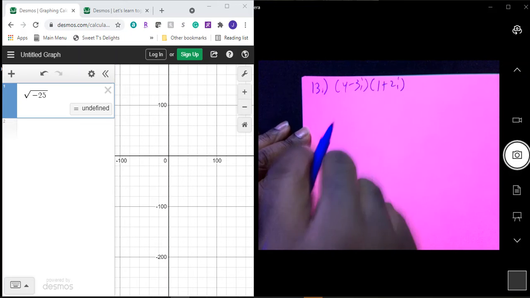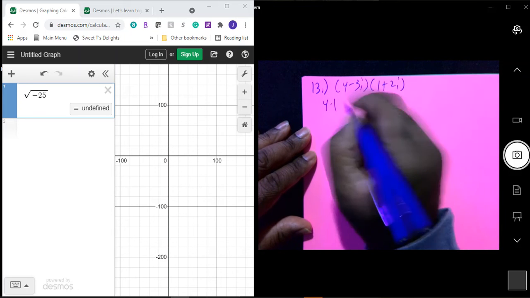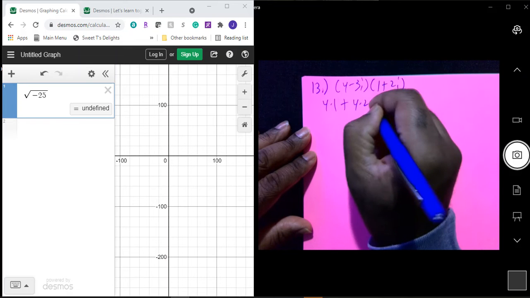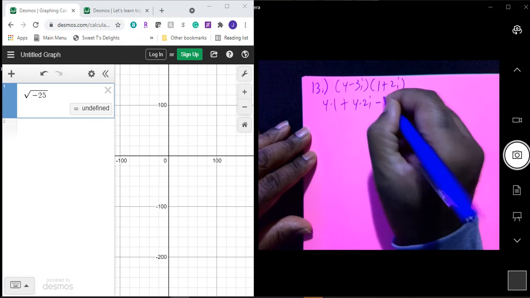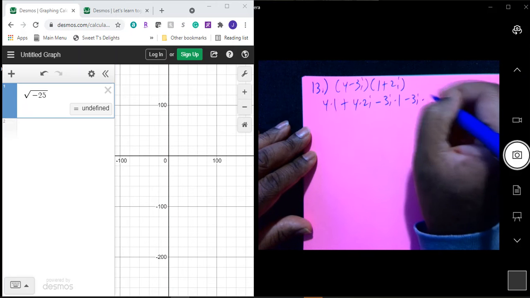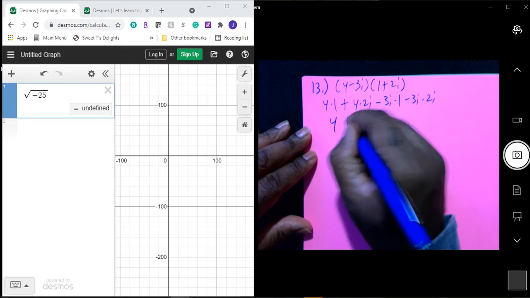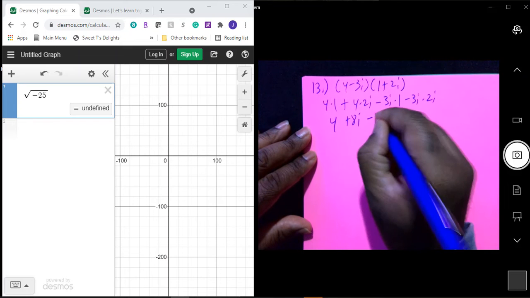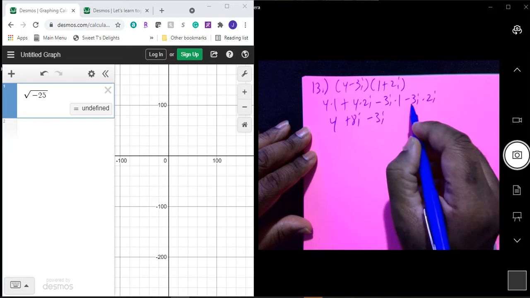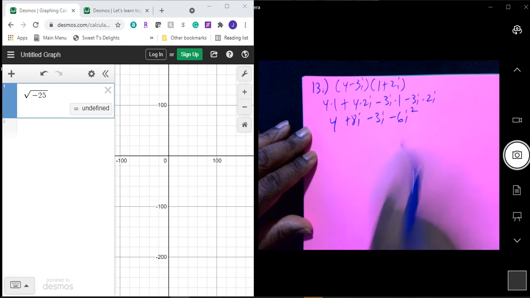So let's go through this. We will have 4 times 1 plus 4 times 2i minus 3i times 1 minus 3i times 2i. So this would be 4 plus 8i minus 3i. Negative 3i times 2i is a negative 6i squared.